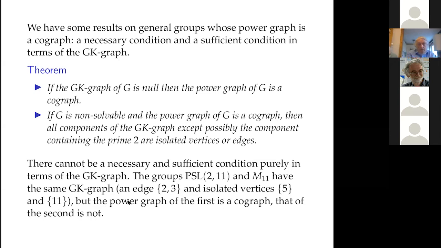But the power graph of the first is a cograph, and the power graph of the second is not. So this shows you that they both fit between these two. The GK graph isn't null, it contains one edge, but every component without exception is either an isolated vertex or an edge. And yet one has a power graph a cograph, the other not. So that's where we are with that at the moment.